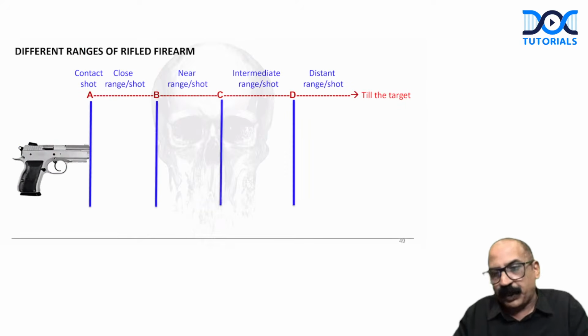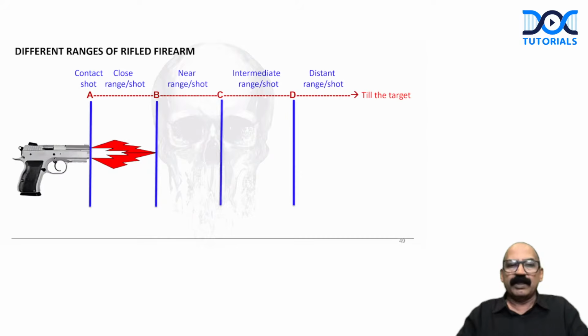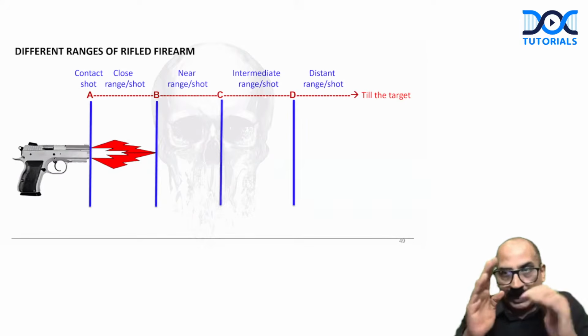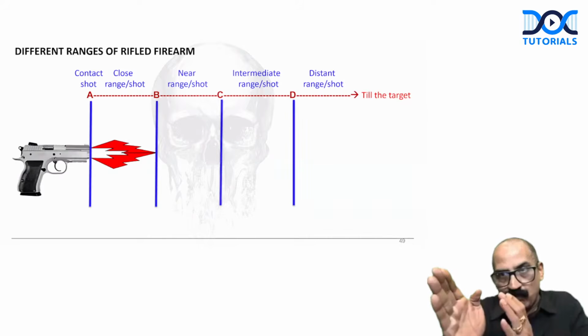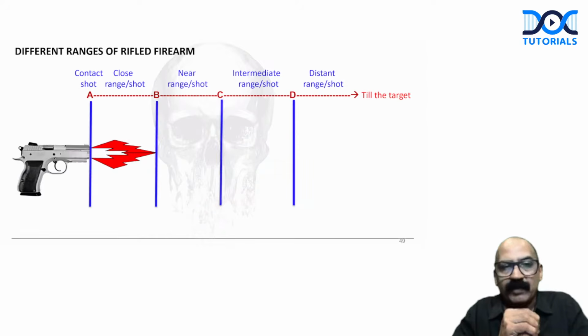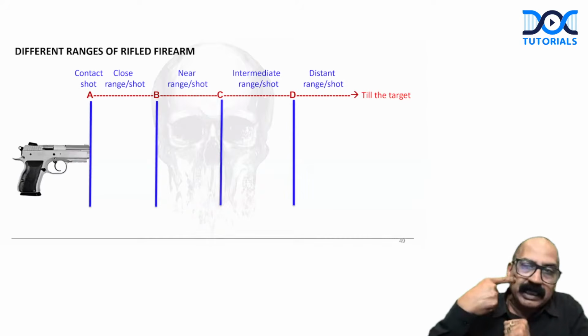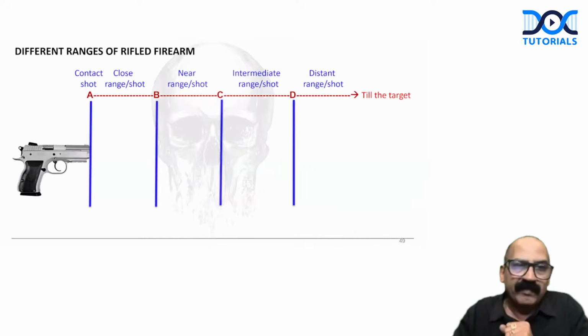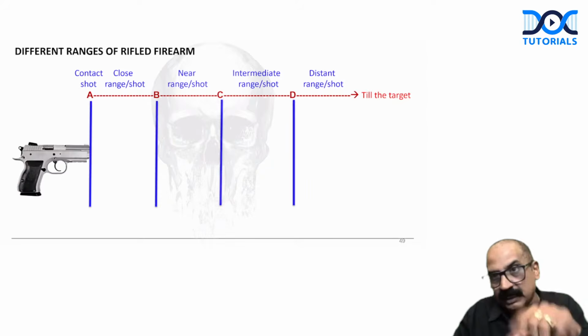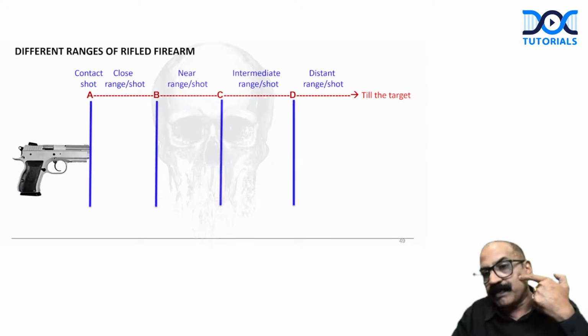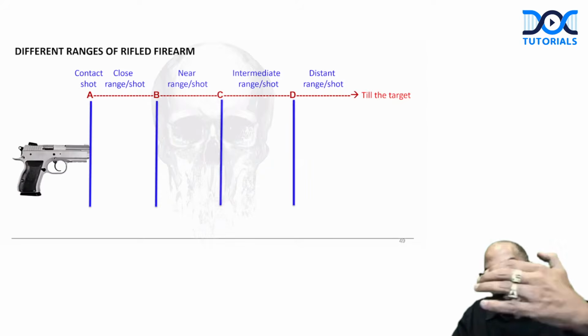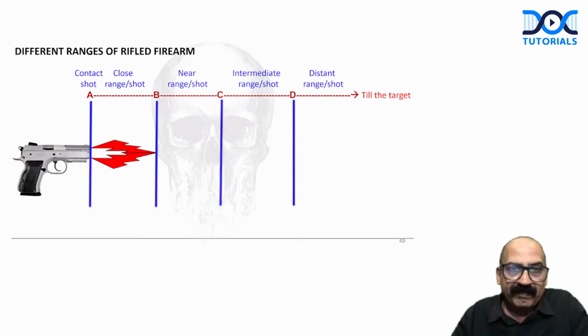Now, coming to the distance of the shot. Distant shot means the victim is away from the reach of the projectile. Now, what do you mean by contact shot? Contact shot means the muzzle is touching the skin. Close range means the muzzle is not touching the skin, but the target is within the reach of the flame.